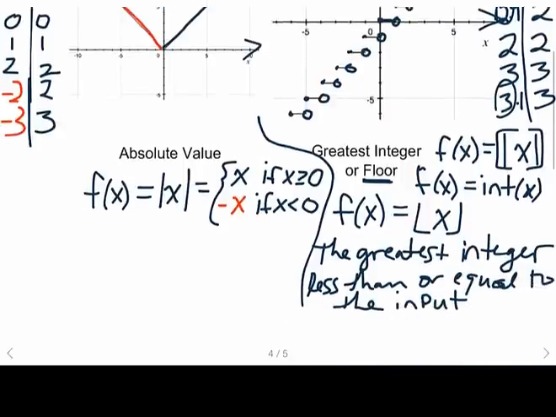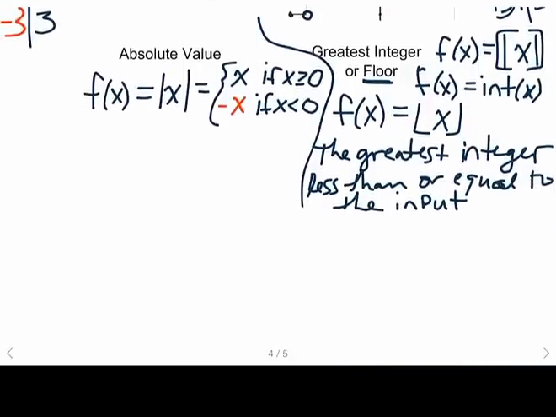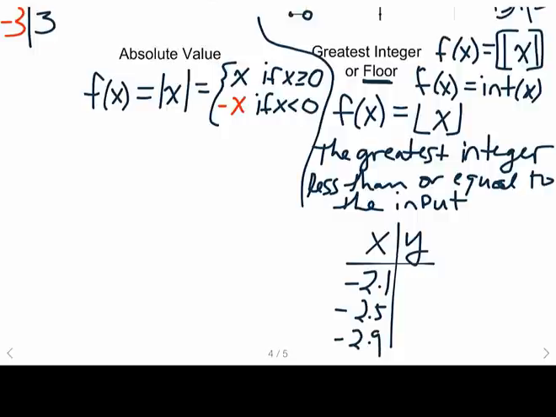But if we consider negative numbers, I'm going to do another XY table down here considering negative numbers, say -2.1, -2.5, -2.9, etc. The greatest integer that's smaller than or equal to -2.1 we might want to say is -2, but that's not true.